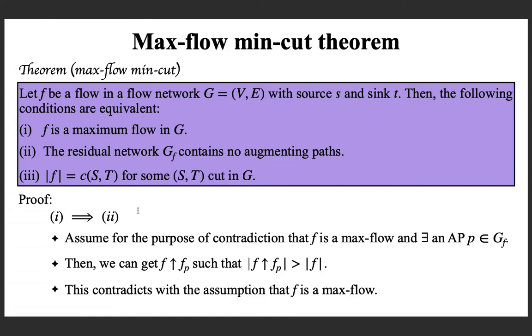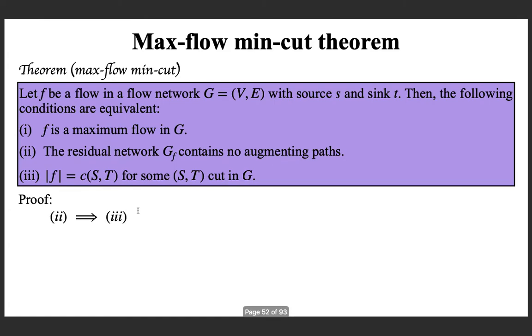And now we will try to prove that if condition 2 is true, then condition 3 must be true. In this case, we will try to have a constructive proof. We can assume that condition 2 is true, that is, no augmenting path in GF.